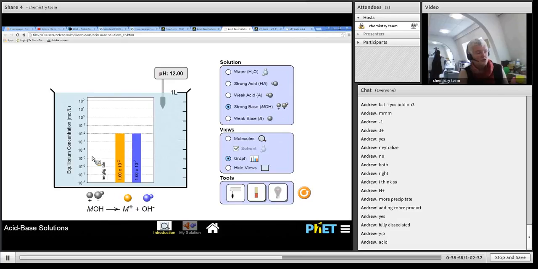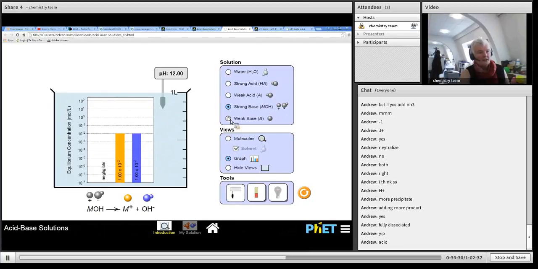So I've got no strong base in my solution because it's fully dissociated. I noticed they haven't put the water in. It's because they didn't have water in the equation here. They didn't bother putting in the water, because it's not as though the water is reacting with this directly. And so I form equal amounts of the metal cation and the hydroxide ion.